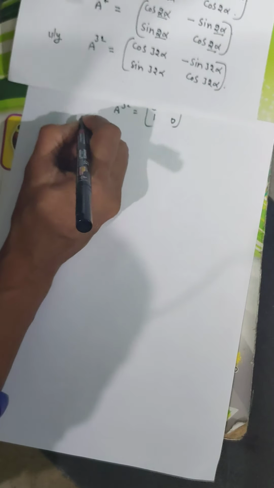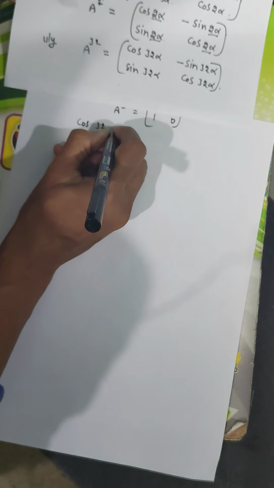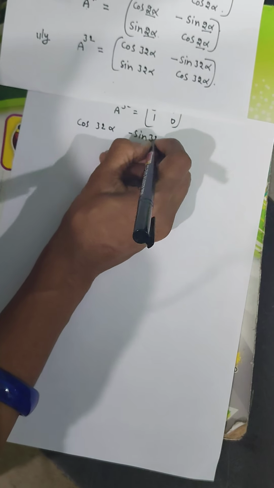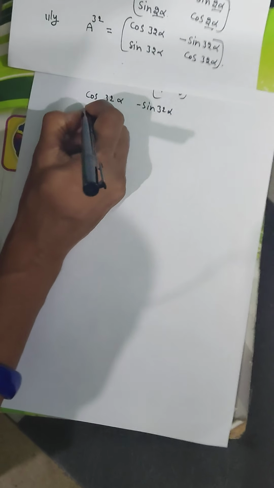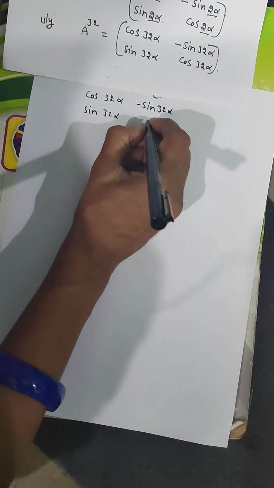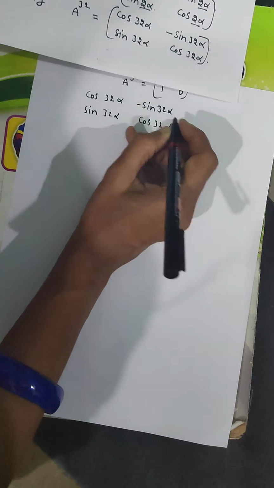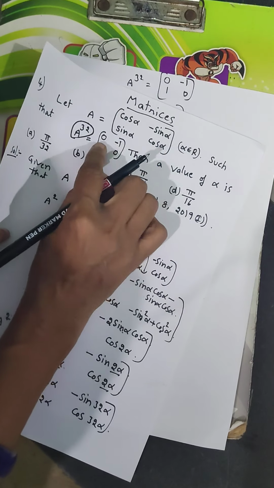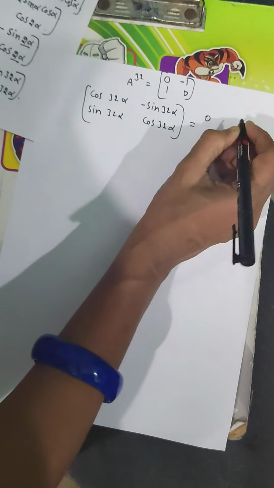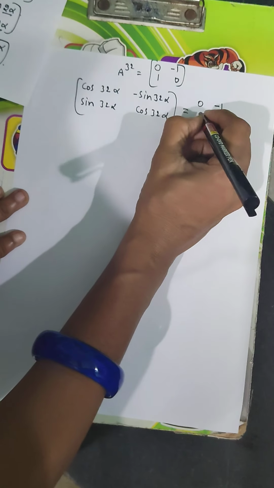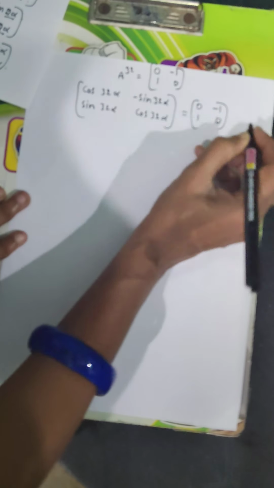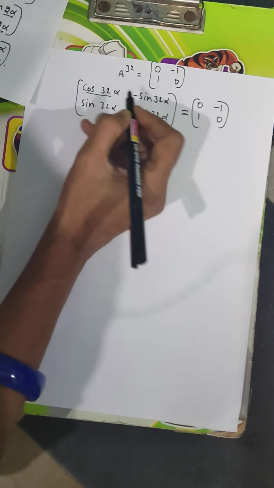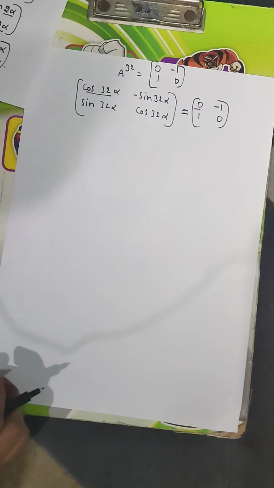So the matrix cos 32 alpha, minus sin 32 alpha, sin 32 alpha, cos 32 alpha is equal to 0, minus 1, 1, 0. When two matrices are equal, their corresponding elements are equal to each other.